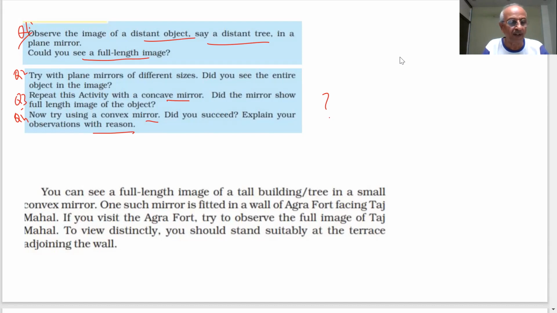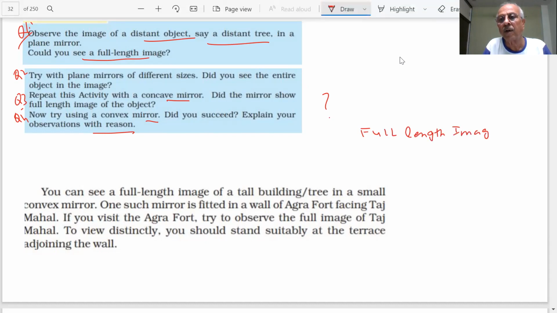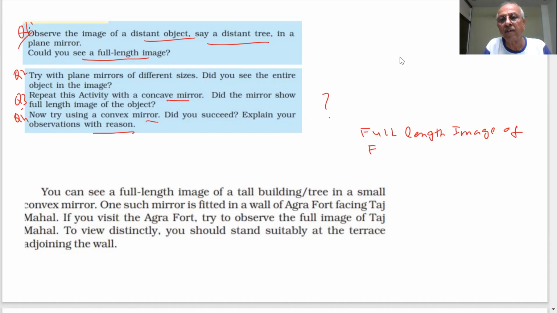In which case will you be able to see a full length image of a far distant object? I am talking of a full length image of a far away object. Observe the image of a far away distant object.